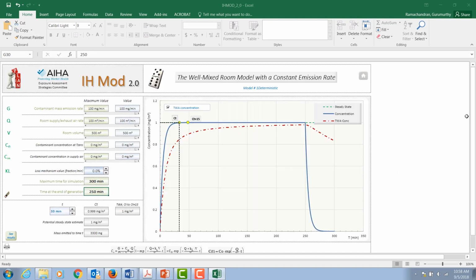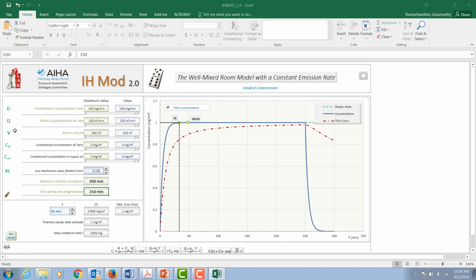So here, when we say deterministic, we just mean that we can provide fixed values of inputs to each of the model parameters, and the model will predict one set of outputs. And so for the well-mixed room model with a constant emission rate, we see on the right hand side here the various model parameters.